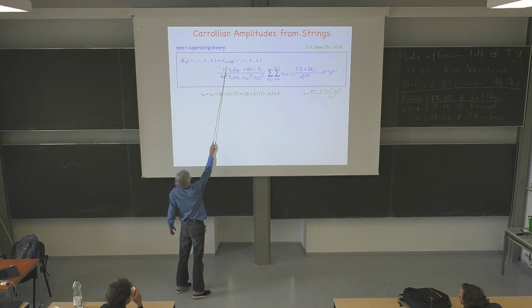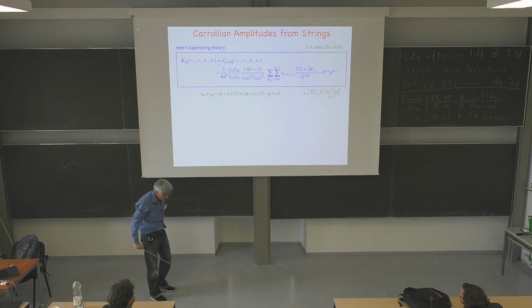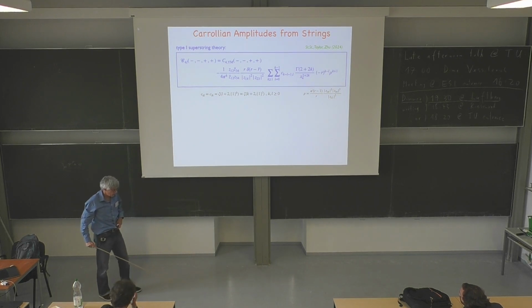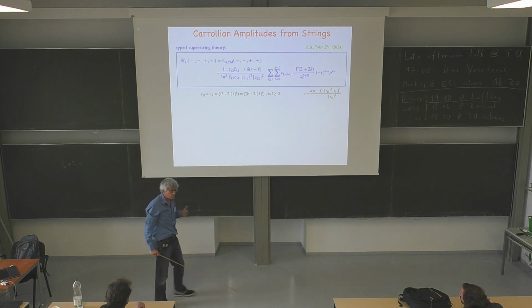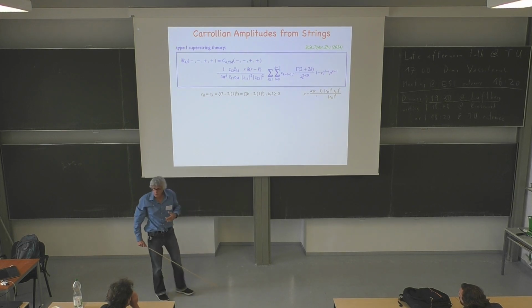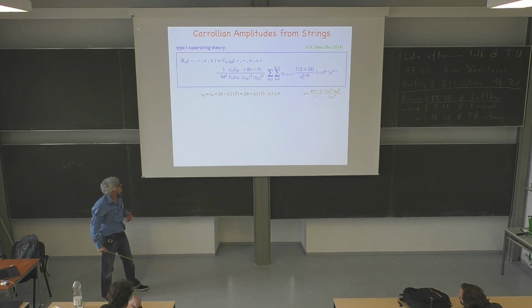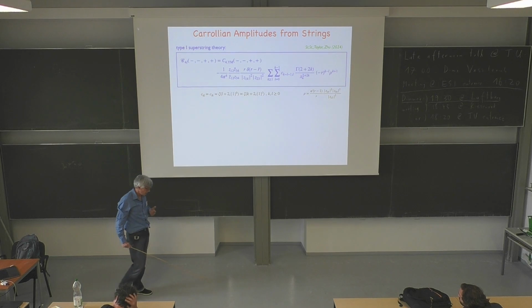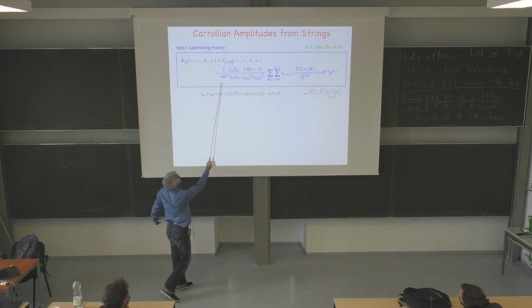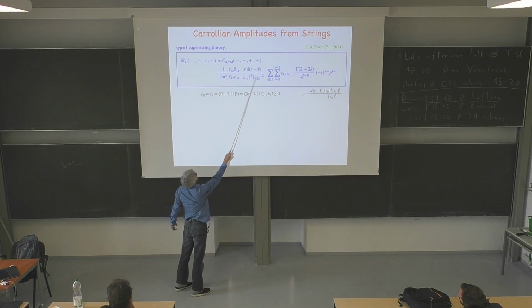Next to the Yang-Mills amplitude, again I scatter gluons. So we have the Carrollian Yang-Mills amplitude, which Romain will show you how it looks like. It was again some function depending on u's and z's, but as I said, it will be IR divergent.